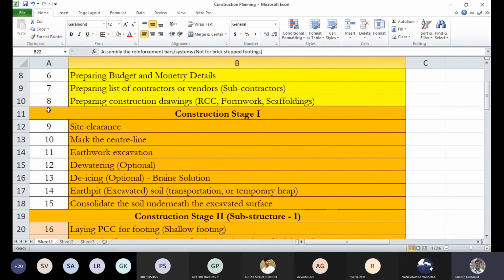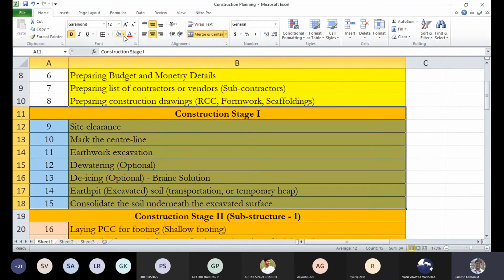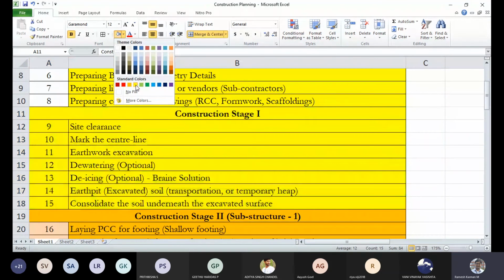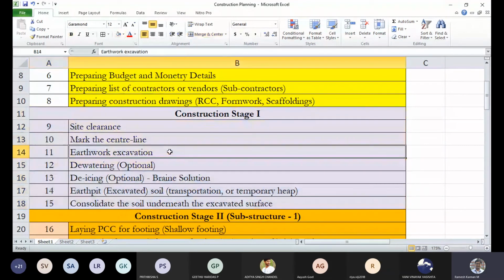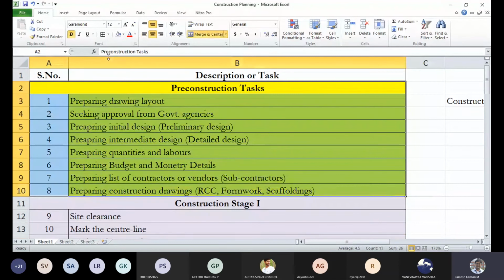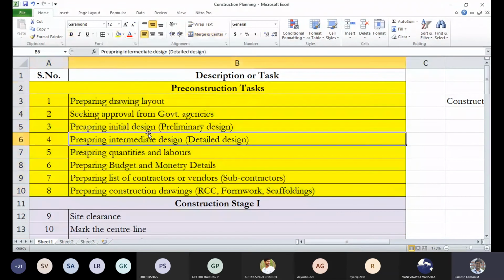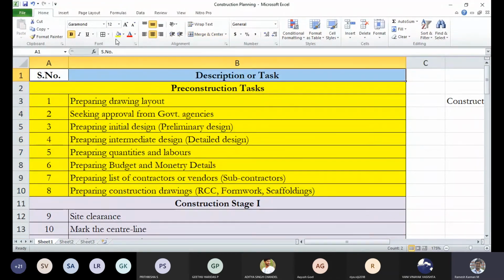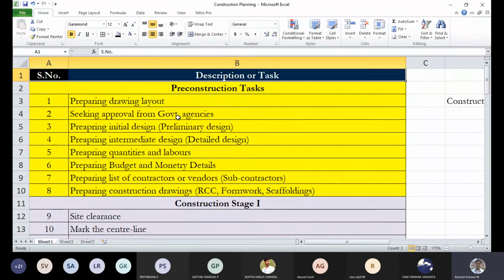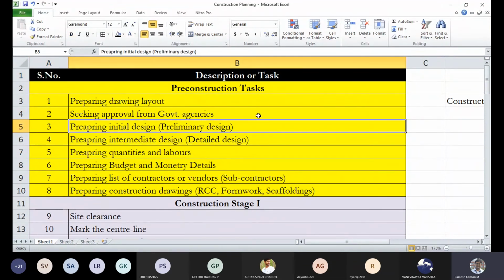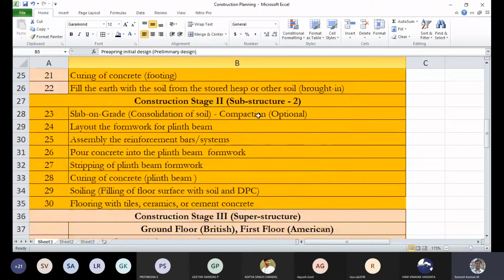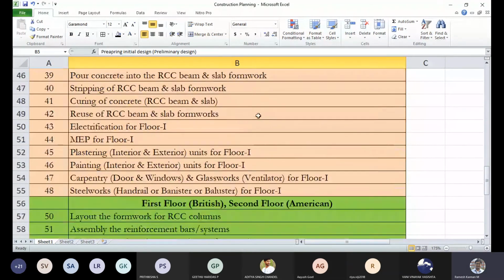And stage 1 substructure, I'll give it this. So this is how. Okay, I'll just give black, then font to be white. All right, so this is a simple planning process for construction.